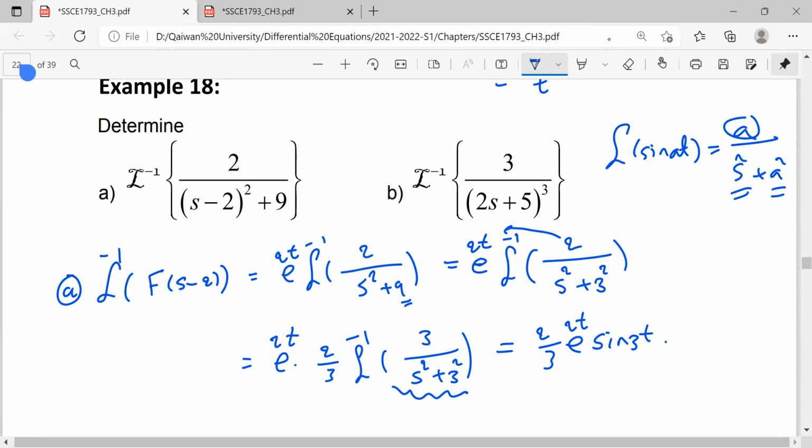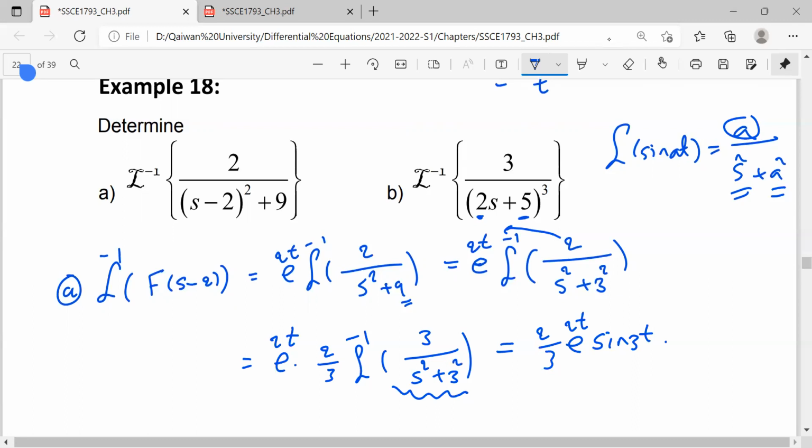The second one is for yourself. It's easy. Just take 2 as the common here. And a here is the square root of 5 over 2. You must have it above, and you need to multiply by square root of 5 over 2 and divide by that. Then you get it.